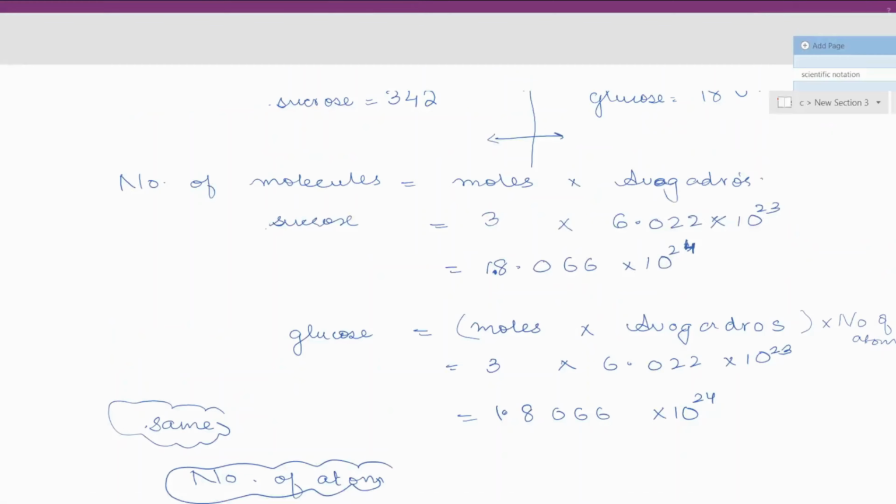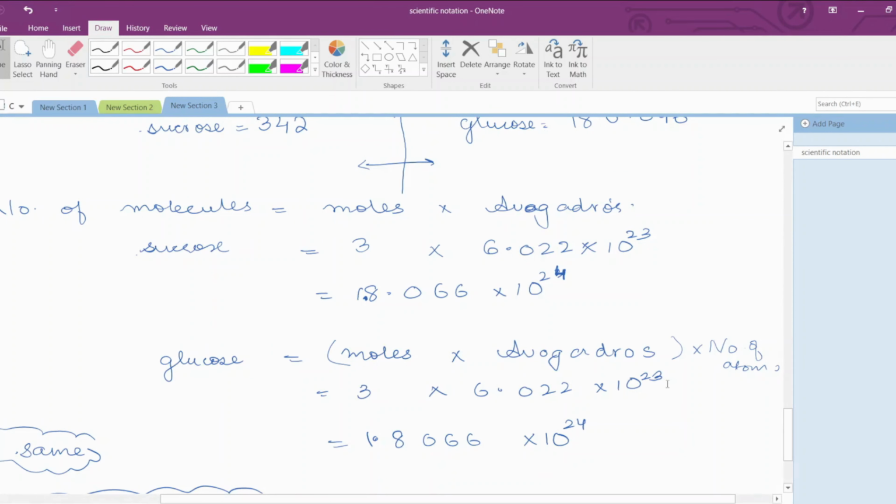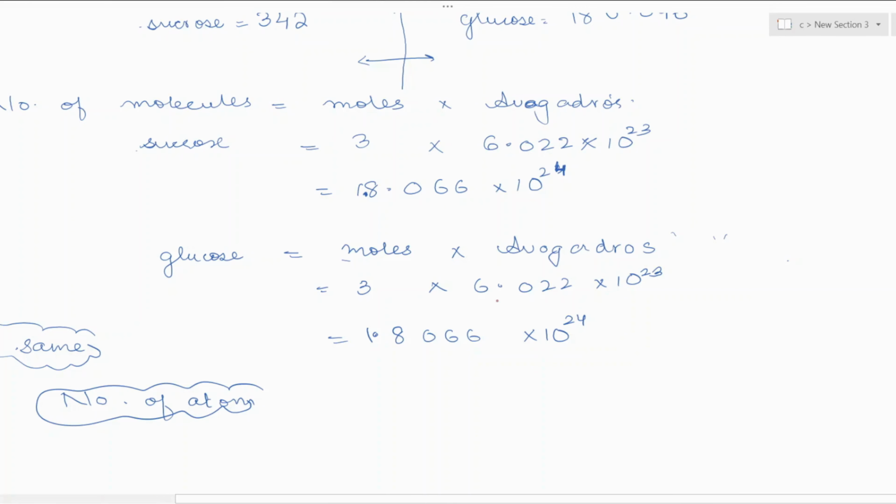Okay, let's do an example, you'll get it. We'll continue with the same example. Let's apply it in sucrose with a different pen. Let's say moles into Avogadro number into number of atoms, whatever atoms are there.